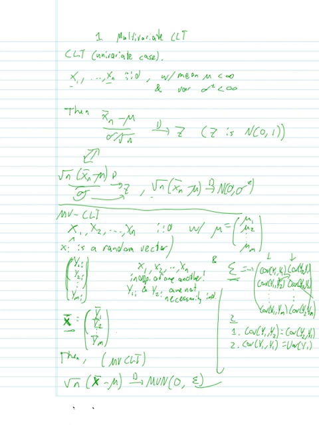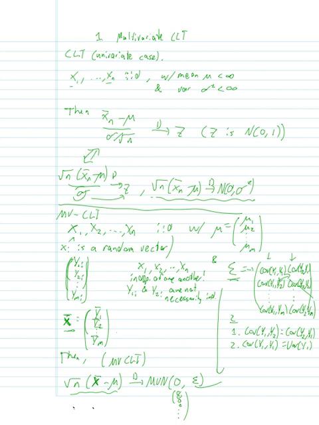Notice that this sigma is the original covariance matrix that we had from the beginning, which is very similar to what we have in the univariate CLT, where the left-hand side converges in distribution to a normal distribution with mean 0 and the original variance.